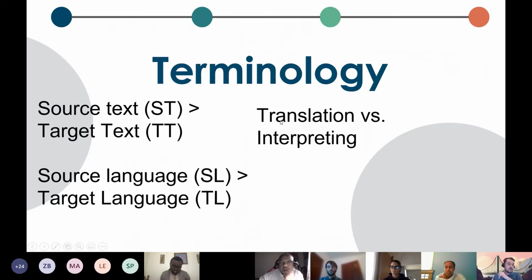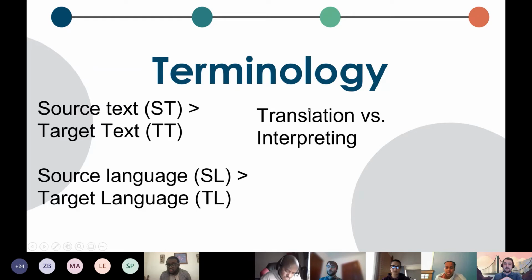Translation deals usually with written texts. Sometimes, as we move further into the future, it's more audio-visual that we're talking about. So it's not necessarily a text that we are translating, but usually the main difference is that translation is some sort of content that has already been created in the past, whereas interpreting usually refers to something that is happening right now and it's oral.